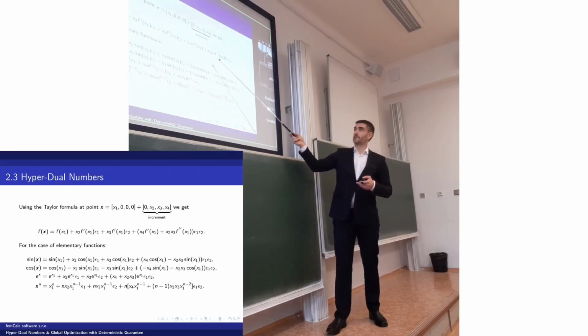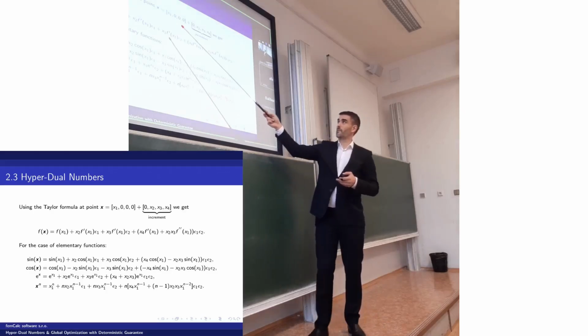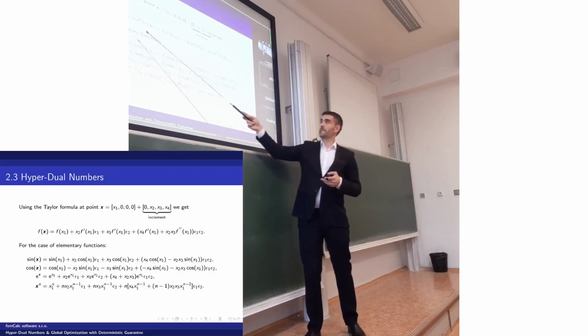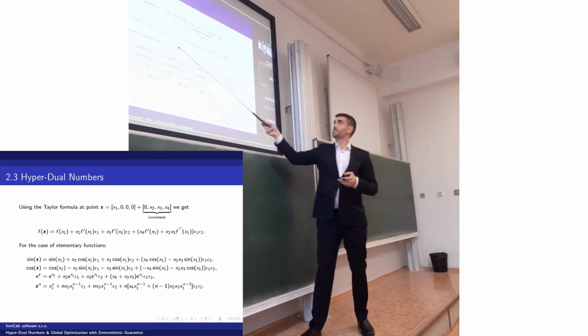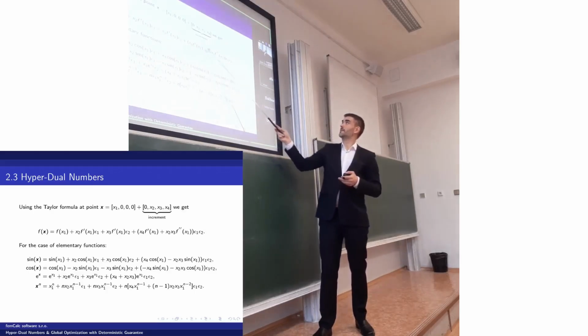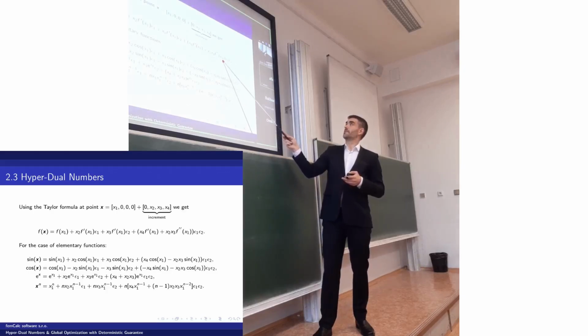So now we rewrite again the Taylor formula at point x. Now at this step, we have also non-zero components in epsilon 1, epsilon 2. And if you make the Taylor expansion again, we get this formula. So we have the linear terms here, here, and here, and the only quadratic term.